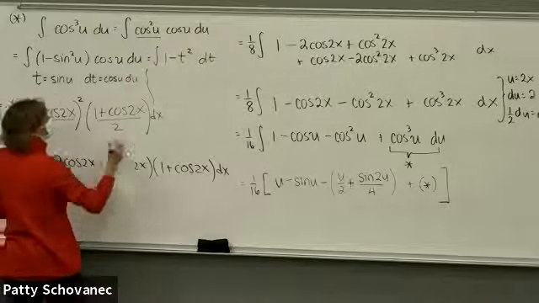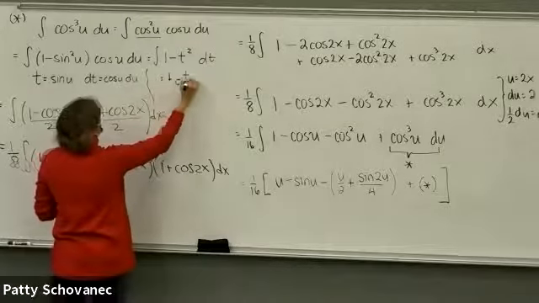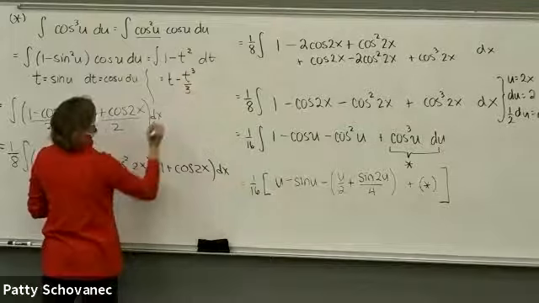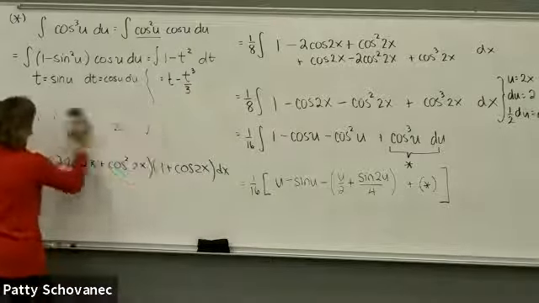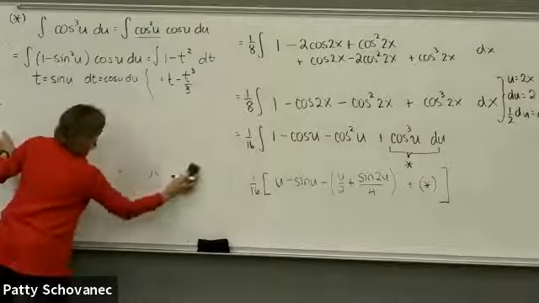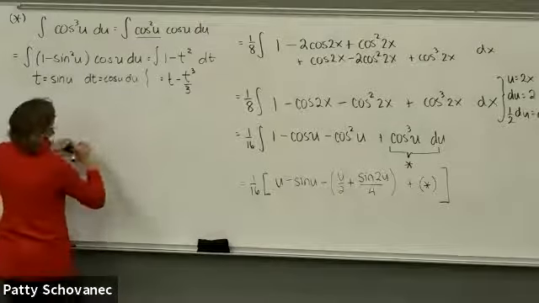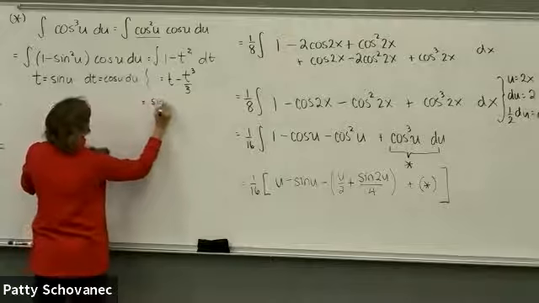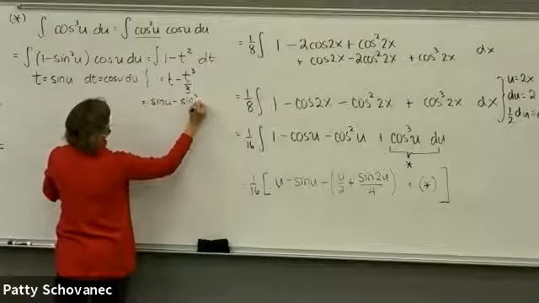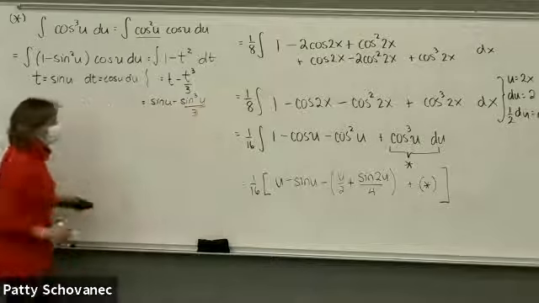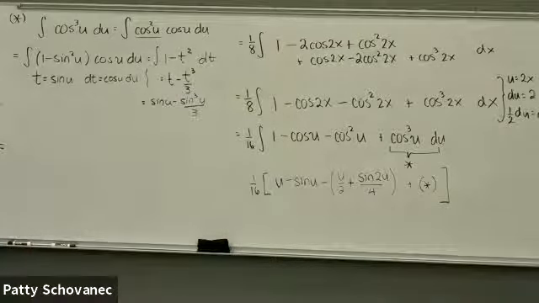And we'll get t minus t cubed over 3, where each t is a sine of u. And so where I have the little asterisk down there, I'm now going to stick that in.